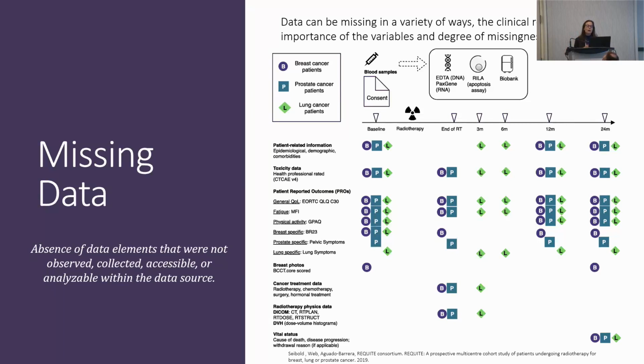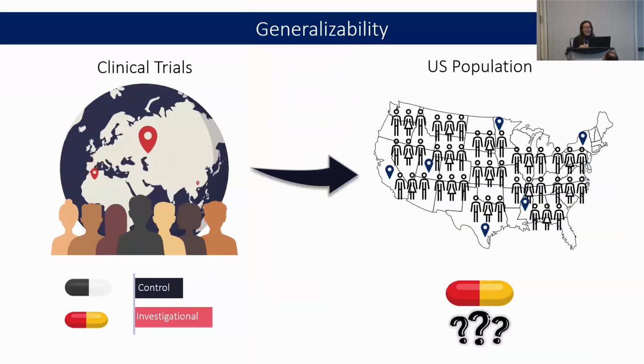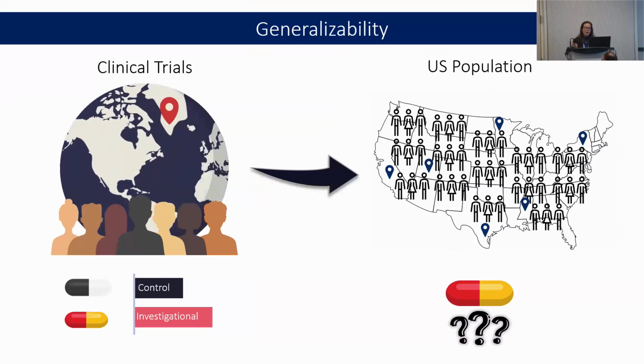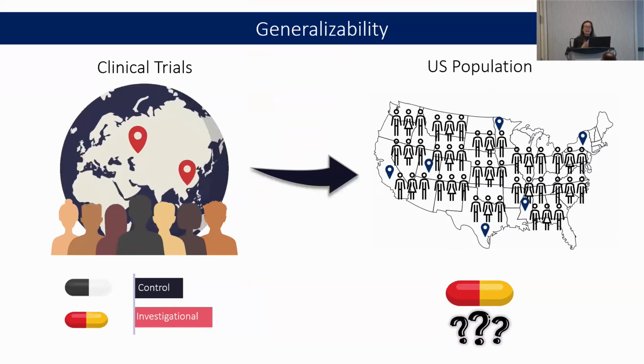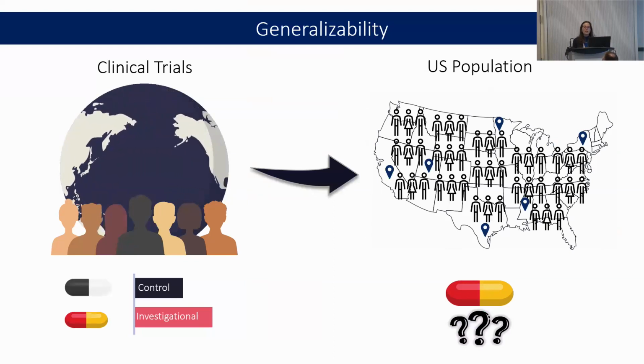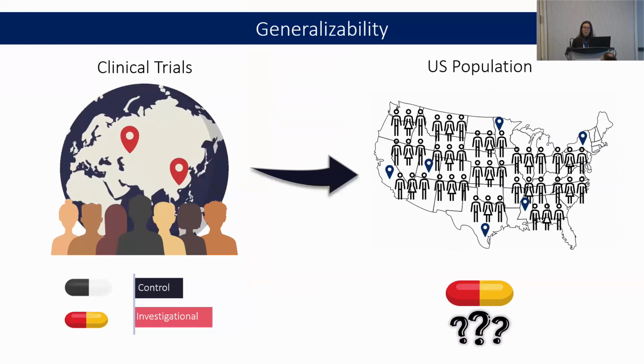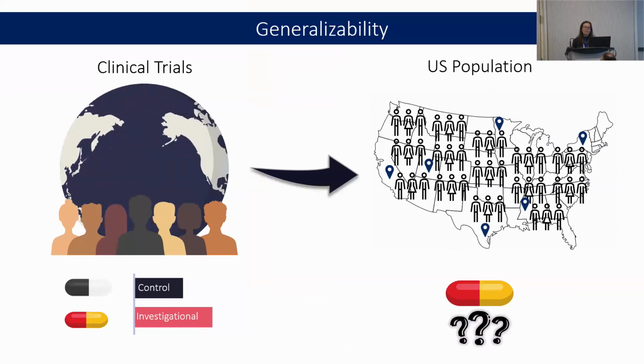But the clinical relevance and importance of the variables and the degree of that missingness is what really matters. And missing data is actually not unique to real-world data. There's also missing data in clinical trials. And another component of when we're thinking about generalizability in the current context of our methods, it's an important consideration because it pertains to being inclusive of populations and reflecting the epidemiology of the disease.